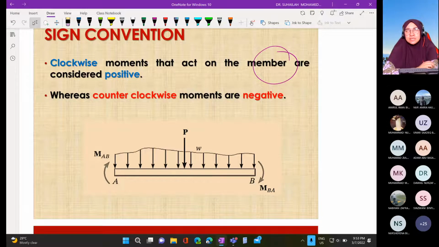That is the first assumption, not the answer. That is the assumption before we start analysis.